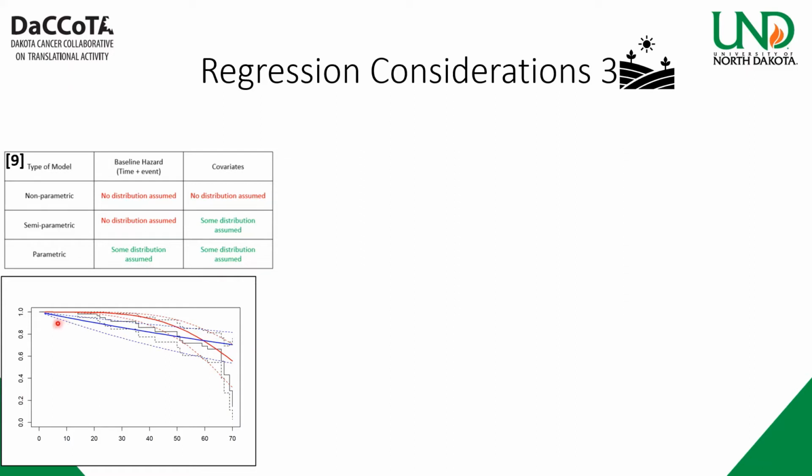One fits rather poorly, the blue, while the red one fits a little bit better. Though you can see here that neither fits particularly well, so sometimes even the best-fit parametric models don't approximate the non-parametric Kaplan-Meier very well, and you might want to just go with the Kaplan-Meier because it's pretty robust.